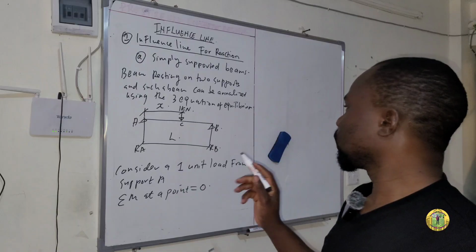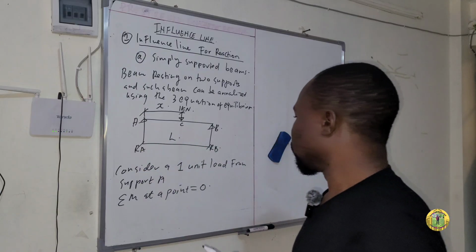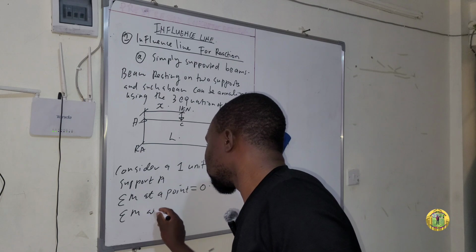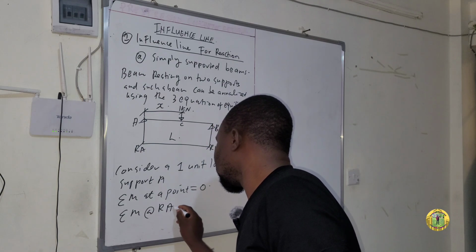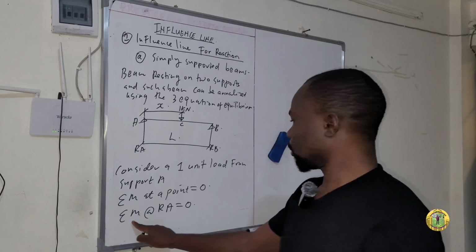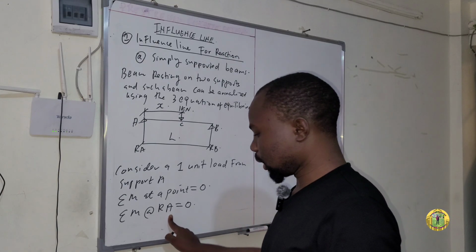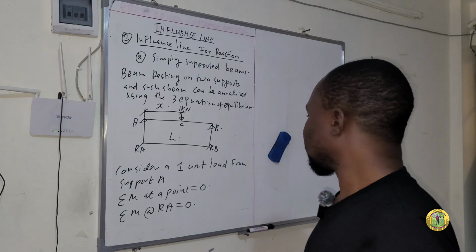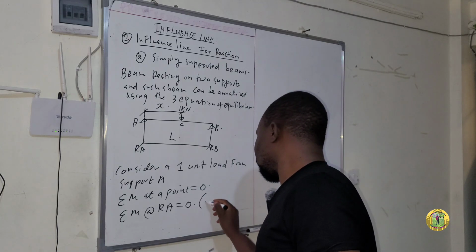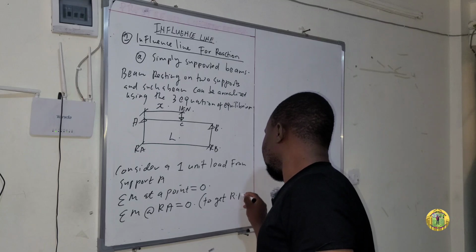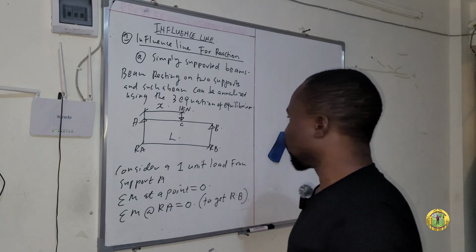Let our point be A. So summation of moment at A is equal to 0. When we sum moments at point A, we get reaction B.